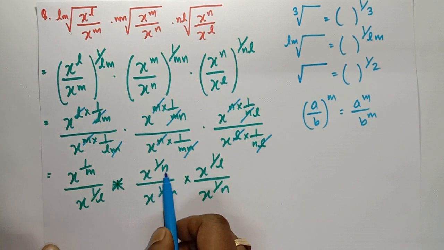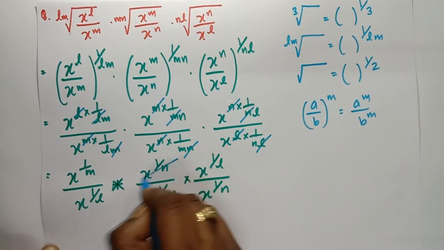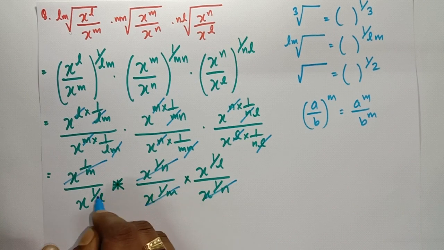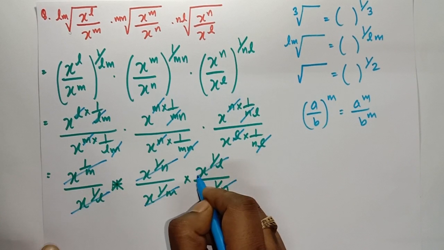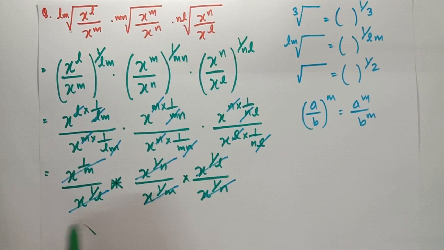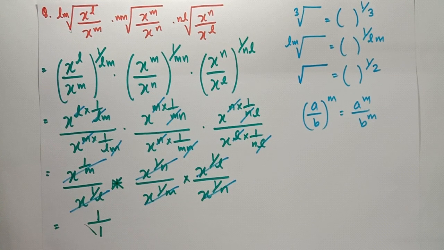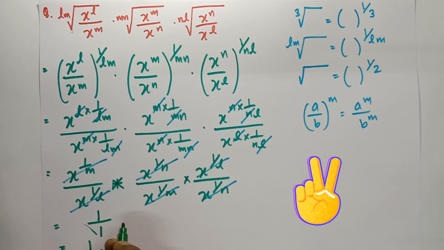So you can see x to the power 1 by n, this side also, both get cancelled. x to the 1 by m up, in denominator cancel, x to the 1 by l got cancelled. So what I got, all get cancelled means up I have 1, down also I have 1. So 1 upon 1 is nothing, it's your 1. So I got the answer.